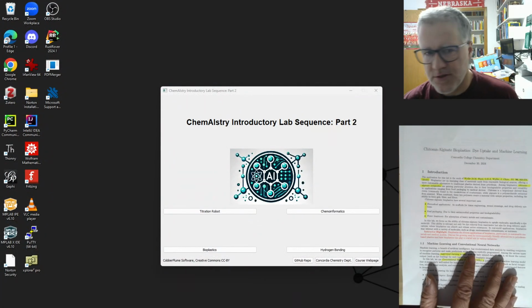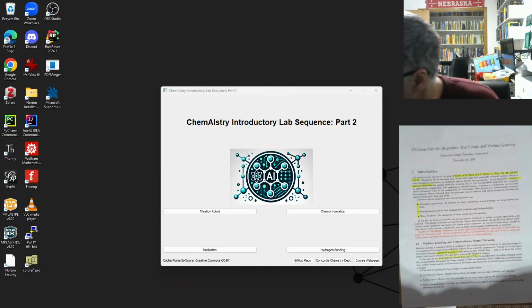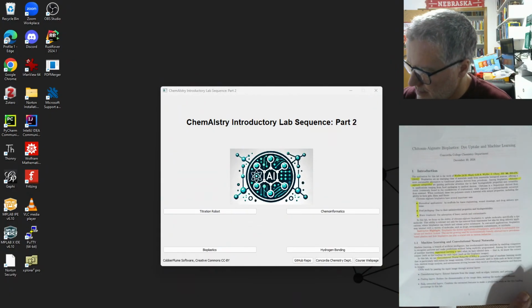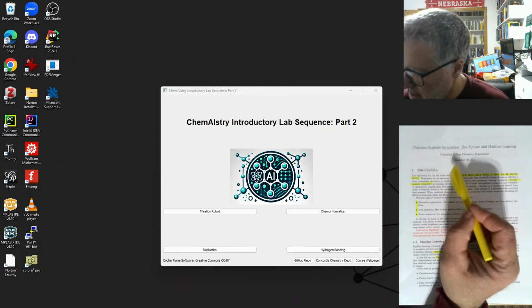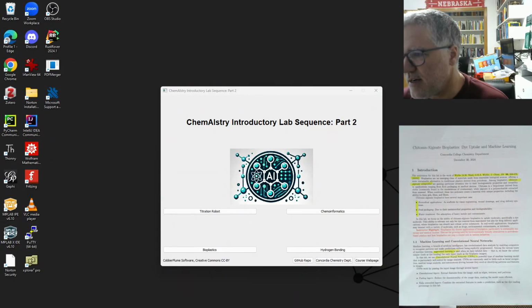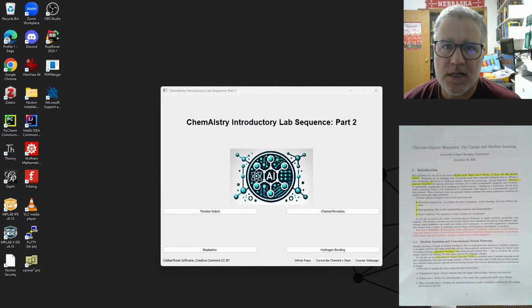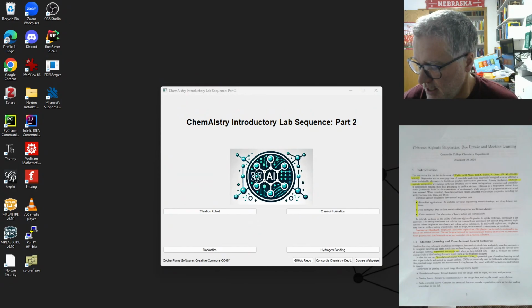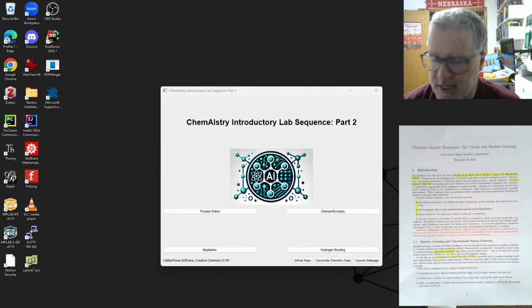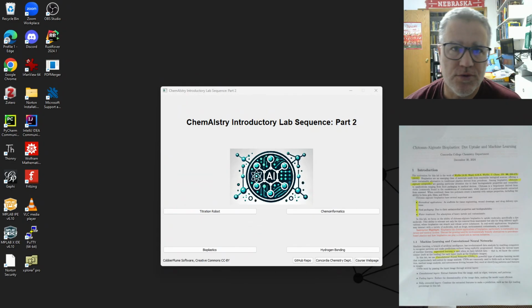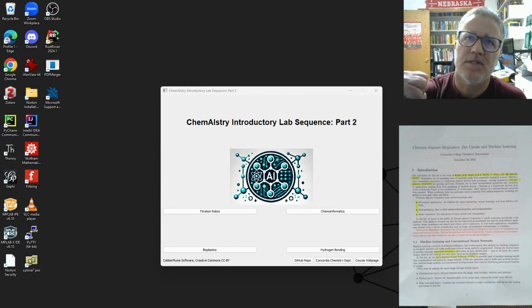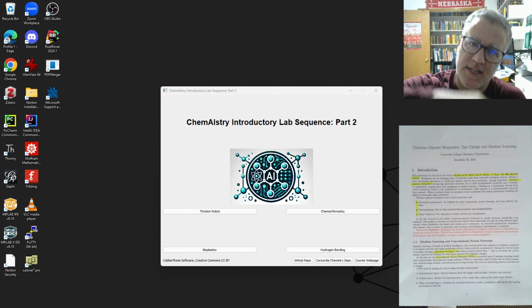Okay, so let's start with the lab manual here for this lab. Again, this is a lab based on the work of Graham Wiley and the Concordia Chemistry Department. And it's looking at these chitosan-alginate bioplastics that are able to have an equilibrium with different molecules such that they can come off and come on.